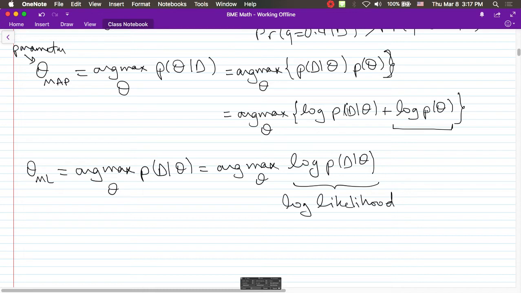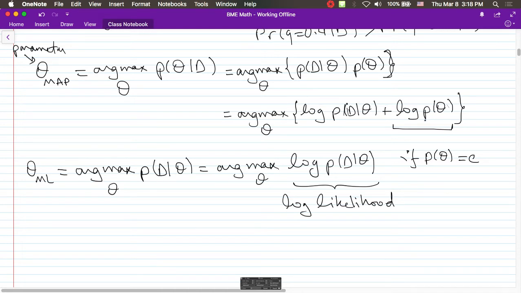And so if you have no prior belief, if P of theta is constant, then of course the MAP estimator is the same as the maximum likelihood estimator. If your prior belief is not dependent on the parameter that you're trying to estimate, like in this case, then these two are the same.